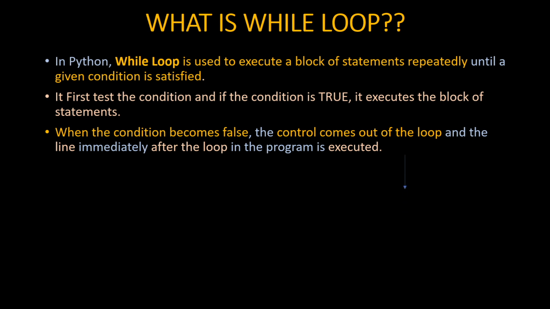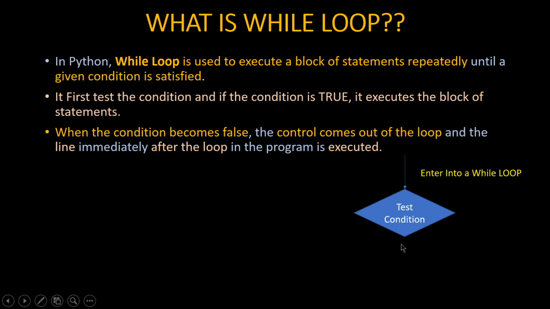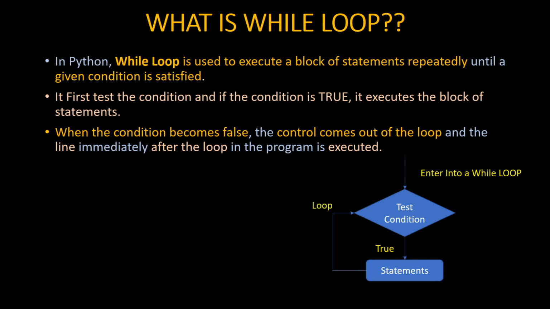So first we enter into our while loop, then we have our condition, and if the condition is true, we execute this part of the statement. Then it goes again to our condition and checks whether it is true or false. If it is true, it executes this part of the statement again, and the moment the condition is false, it exits from the while loop.